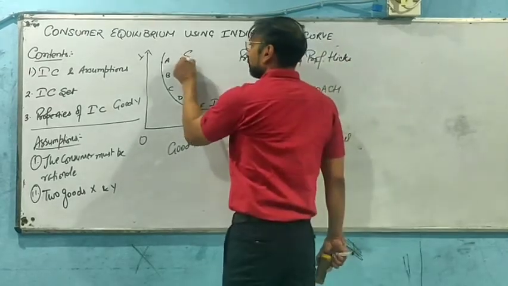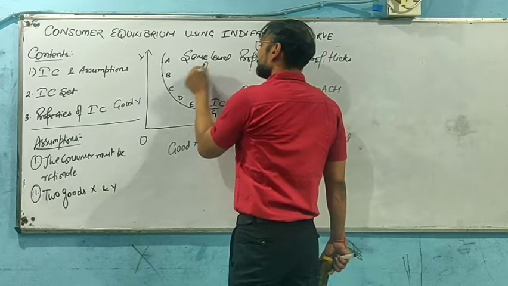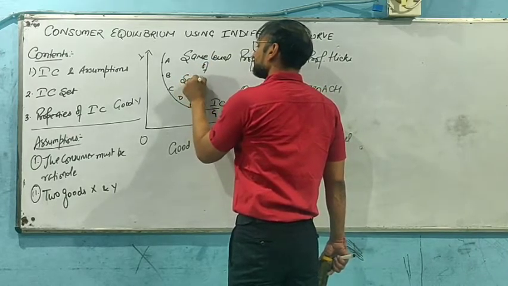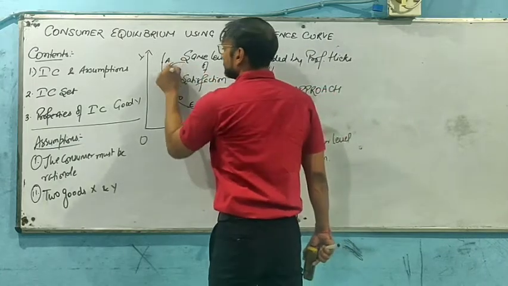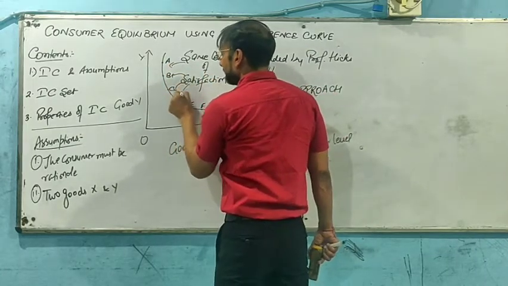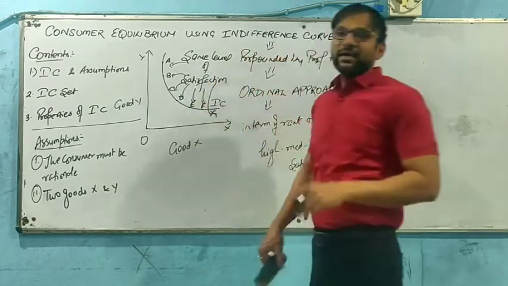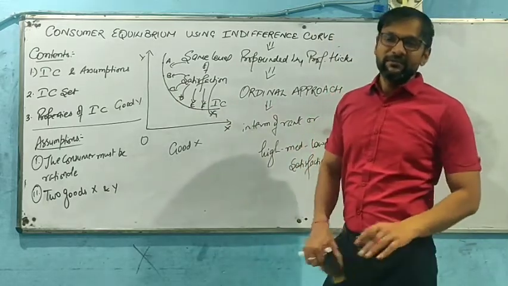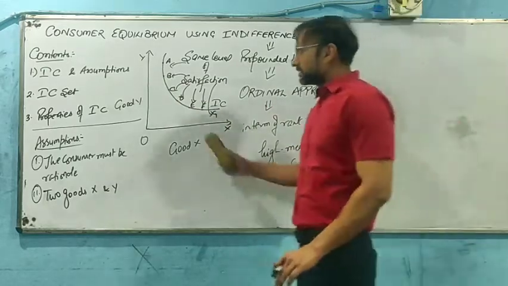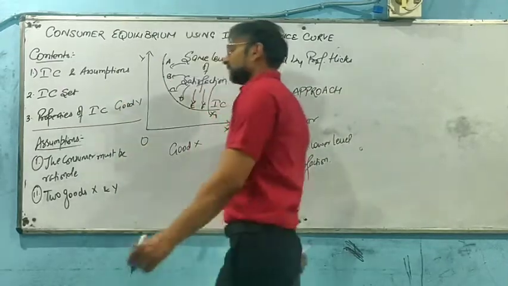It means what is necessary is that the consumer gets the same level of satisfaction from the consumption of various units of commodity at various possible levels. That is what we call the indifference curve.